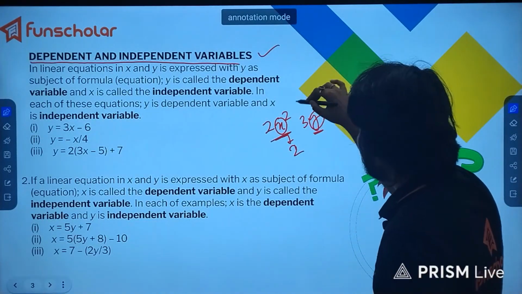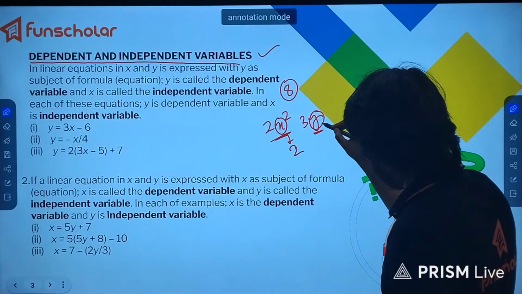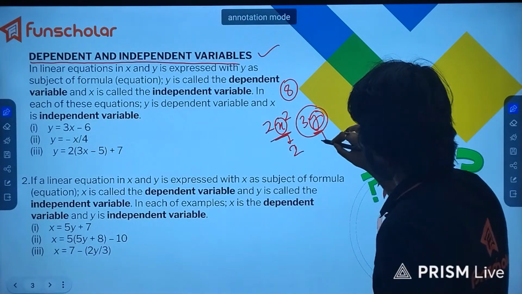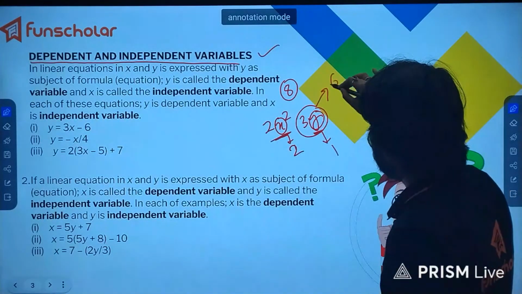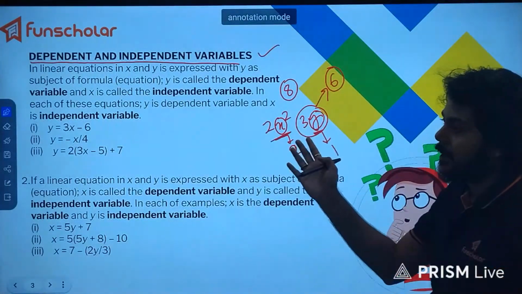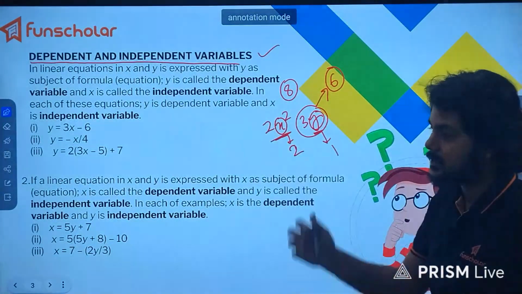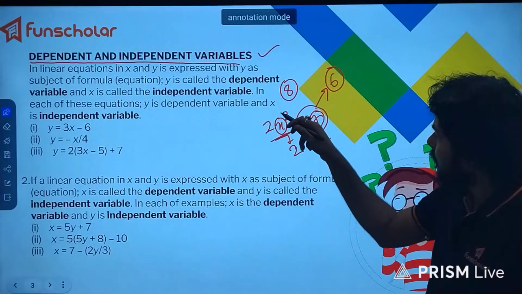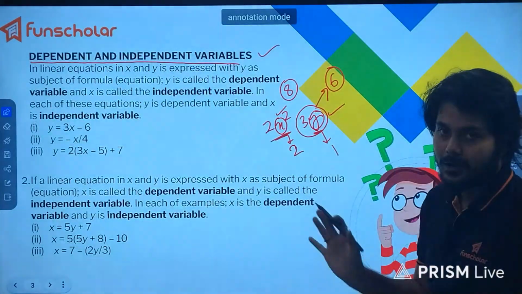If x is 2, then this expression will be 8. Same for this: if y is 1, this expression will be 1. If y is 2, then this expression will be 6. So for different values of the variables, we get different values of expressions. So these are variables that we have already learned.